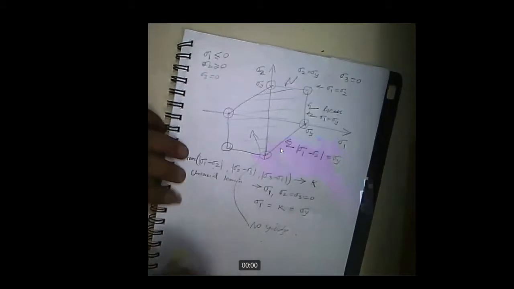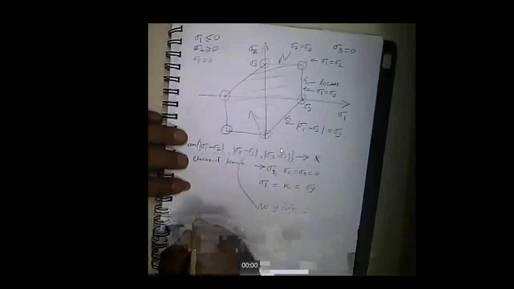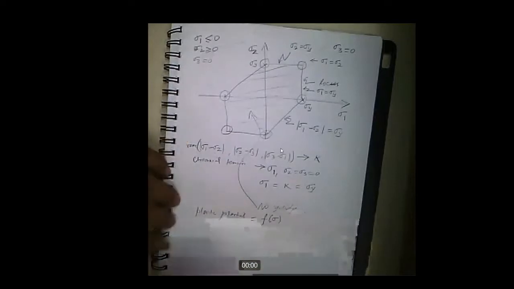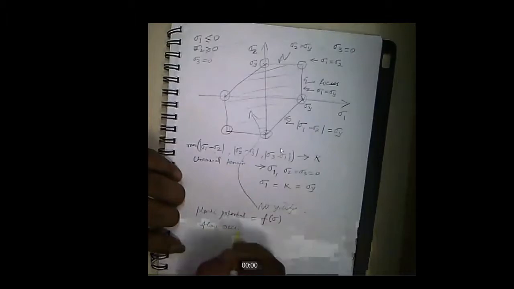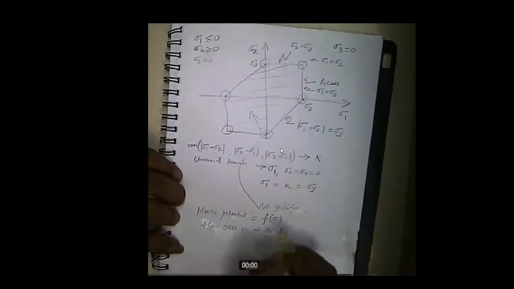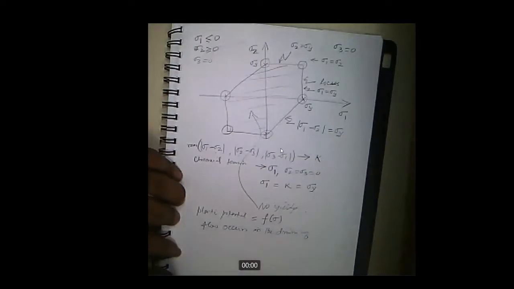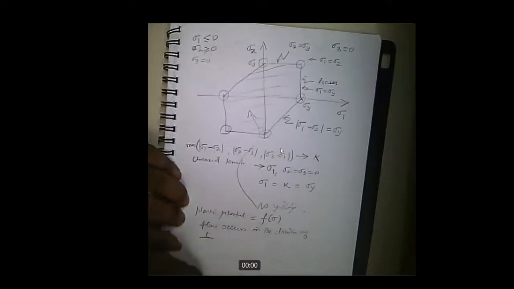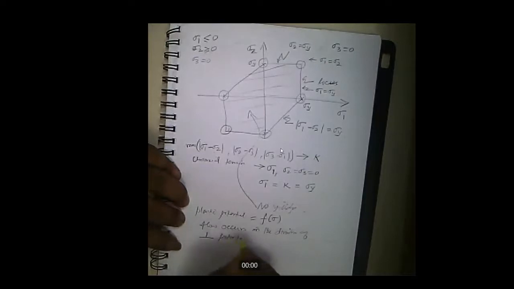We also said something, which is, if I take the plastic potential to be the same as the yield function, then the flow occurs in the direction, as we discussed earlier, normal to the potential lines.